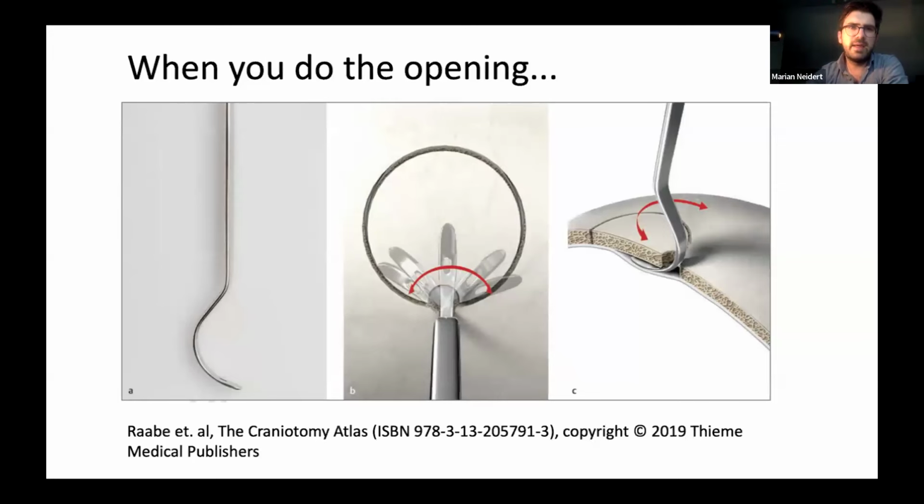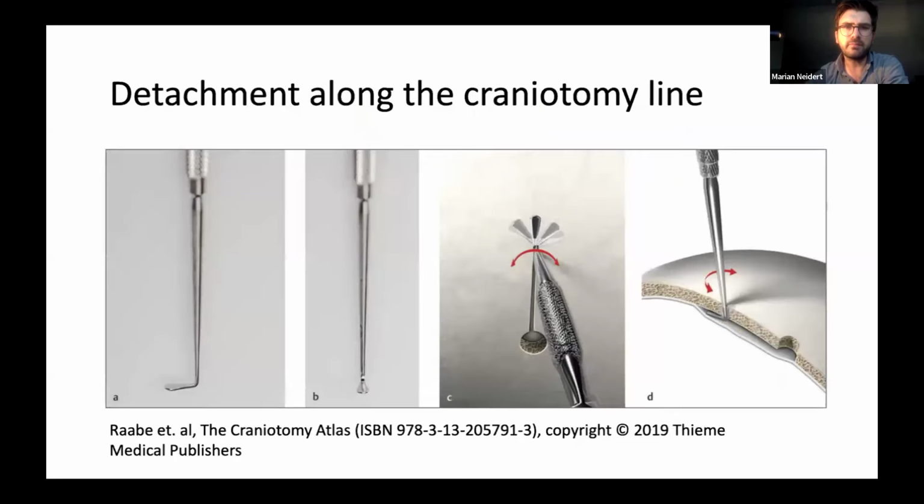And this old saying, when you do the opening, think about the closure, is really important. So a very meticulous and proper detachment of the dura is a very high functioning technique in preventing CSF leaks, or dura tears, first of all, during craniotomy. It costs a little of time, but it's a very well invested time.